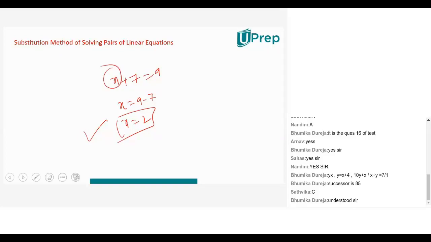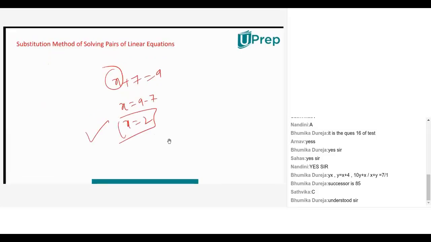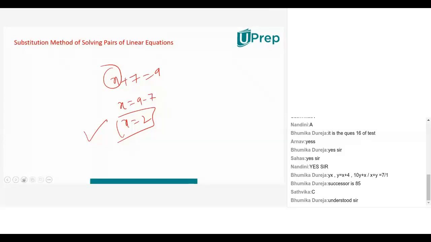Let us say for instance you have been given a linear equation in two variables, for example x plus 2y is equal to 10.